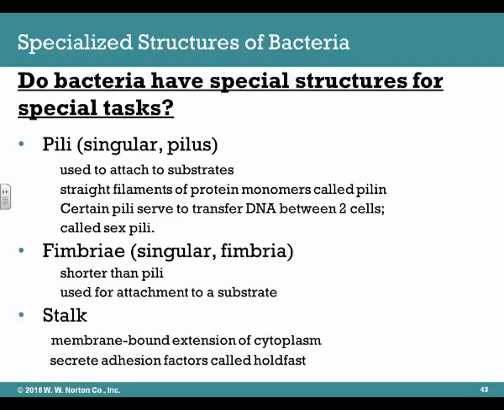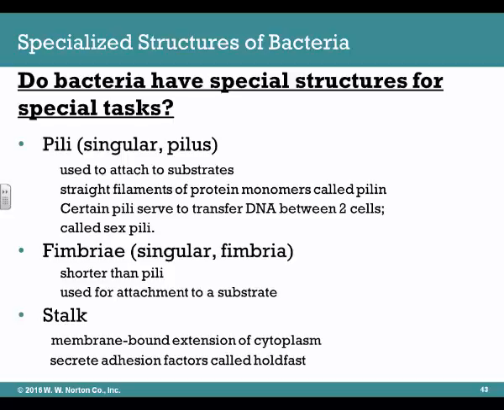Some of these special structures that I want to bring to your attention are actually really important virulence factors because they enable the pathogenic forms of bacteria to attach and colonize our tissues, as those pathogens that are human pathogens.